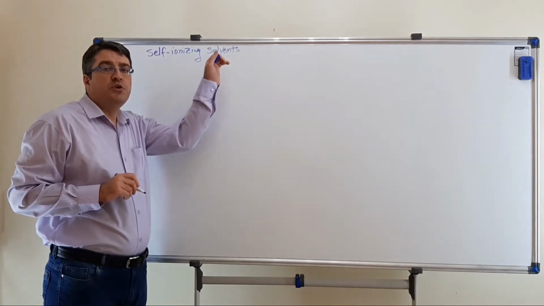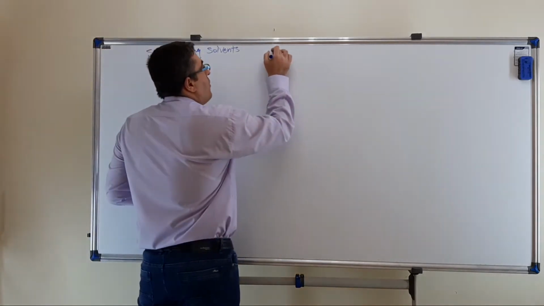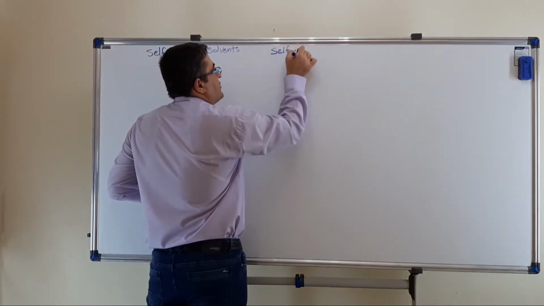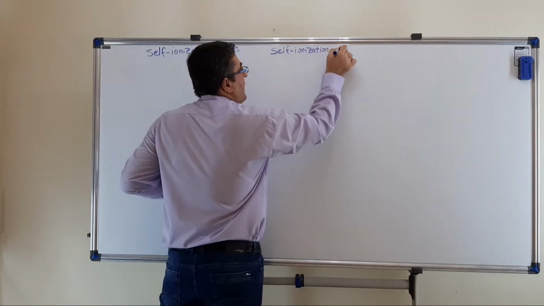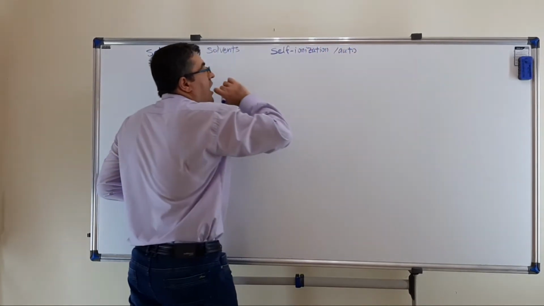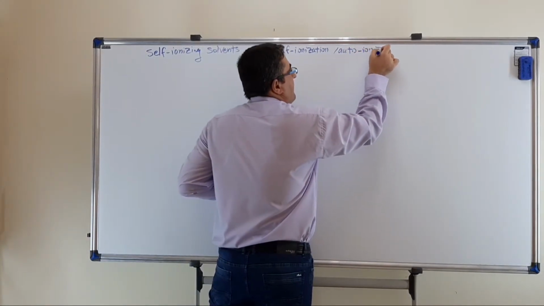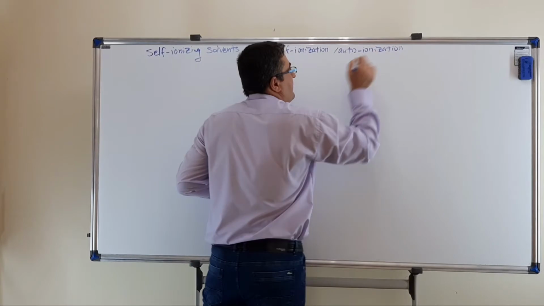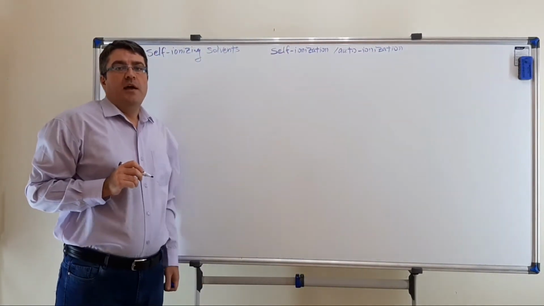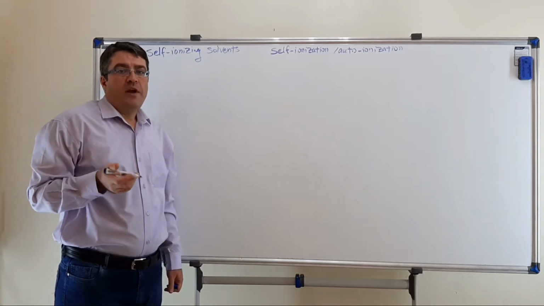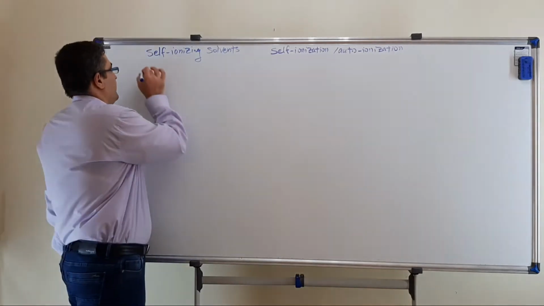Such solvents produce ions by self-ionization or auto-ionization, and are called self-ionizing solvents. For example, water in its pure form or aqueous solutions in liquid state can have this reaction.